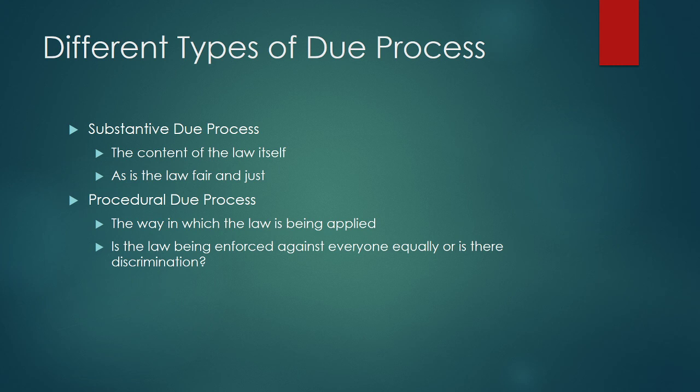I'm just making up things there. If everybody executed in Wyoming was only in those categories, you would say, well, the law is apparently neutral, but in its application, you're really discriminating against this one group. Therefore, it's unconstitutional.